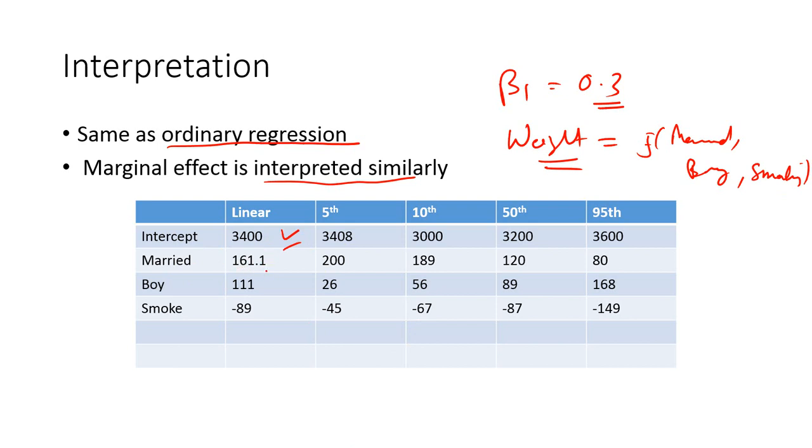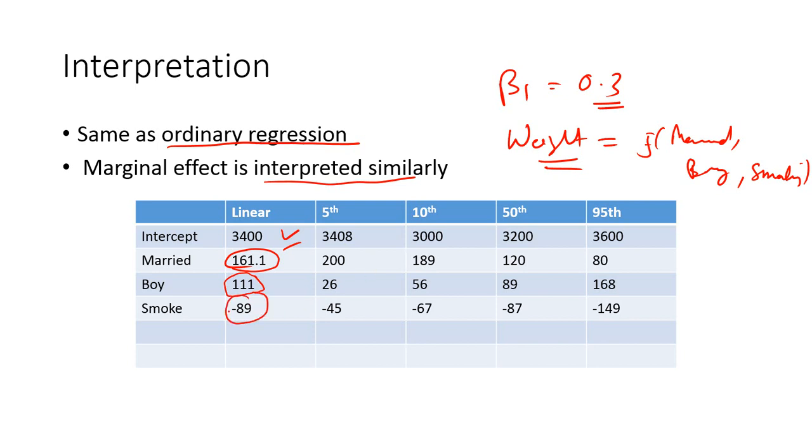On average, the difference in weight of an infant born to a married woman compared to an unmarried woman is 161. Similarly, on average, if it is a boy, then the infant weight is 111 more than a girl.